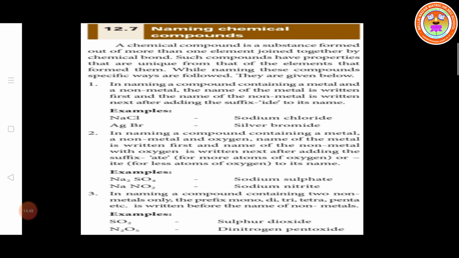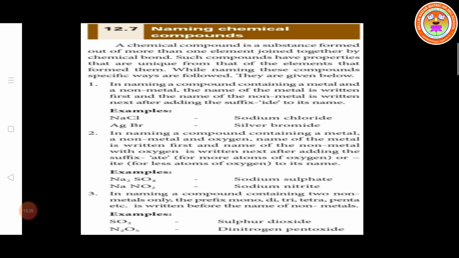First you write the metal name, sodium, Na. Then SO4 is sulfate, ending with ate. Sulfur you have to change to sulfate: remove the ur, then add ate.